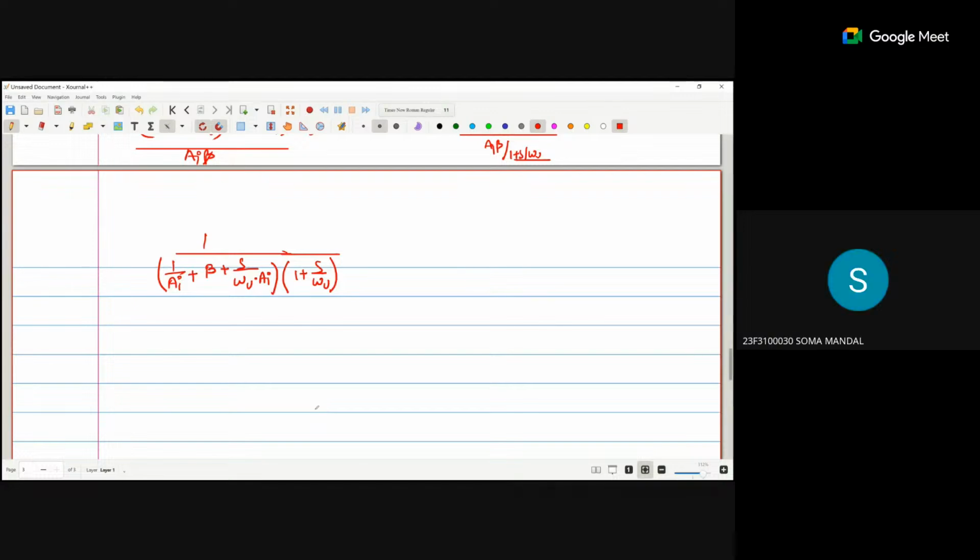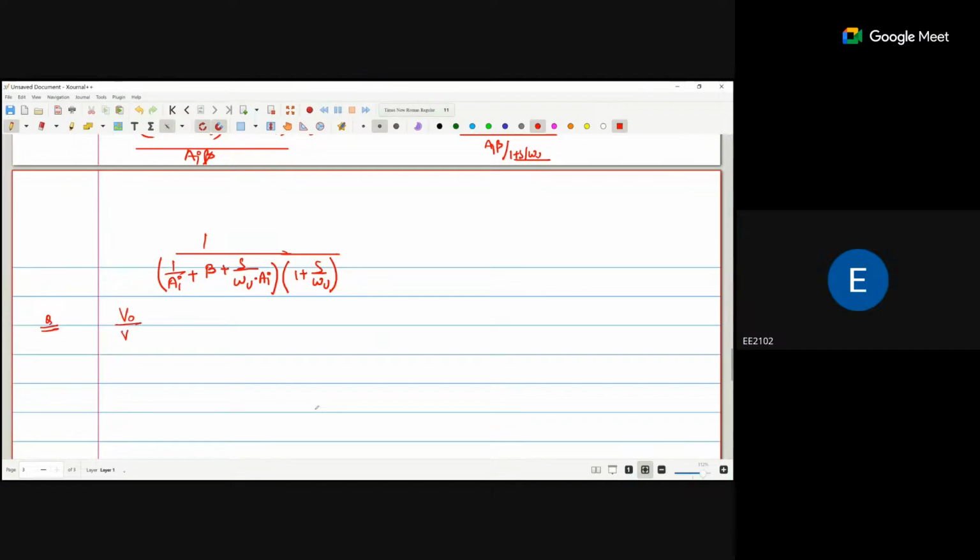Sir, then what will be the Bode plot for that in single stage? Okay. So you got the transfer function. What is your transfer function you are getting?